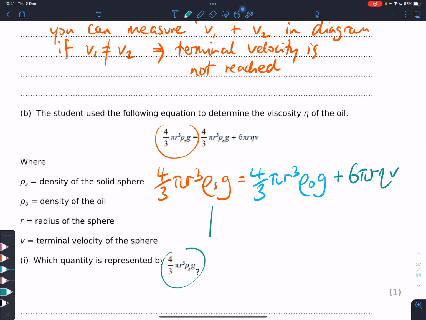The one with the density of the sphere in it. This is the volume of the sphere, so all of this lot is equal to the mass of the sphere times the acceleration due to gravity. So this is the weight of the sphere.